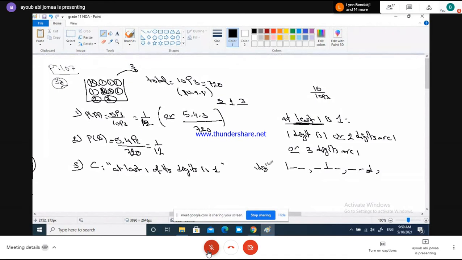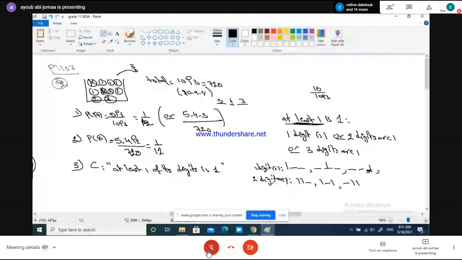One digit is 1. Then 2 digits are 1. It could be 1 1 and then another number, or 1 another number then 1, or another number 1 1. Then 3 digits are 1.